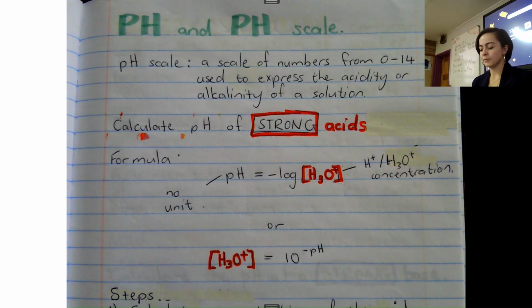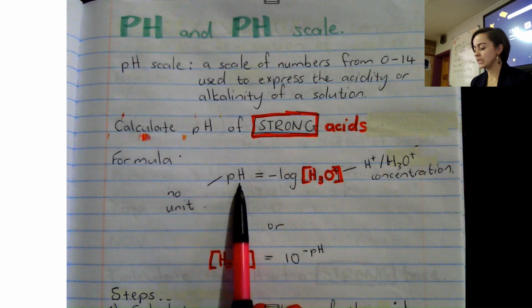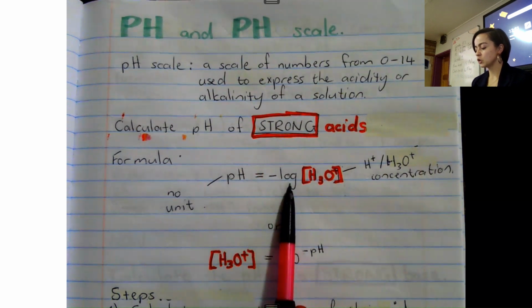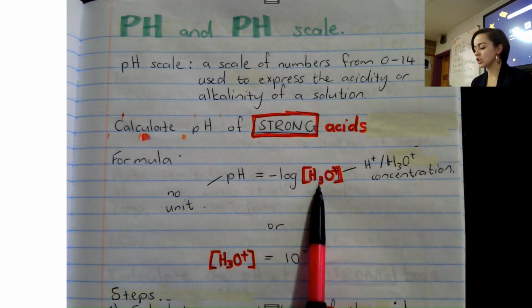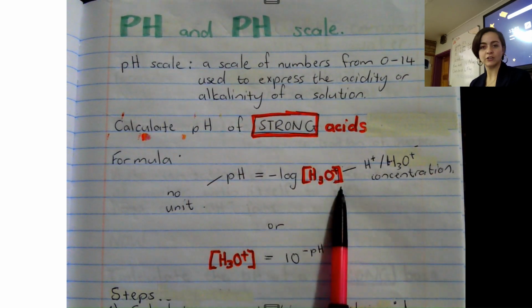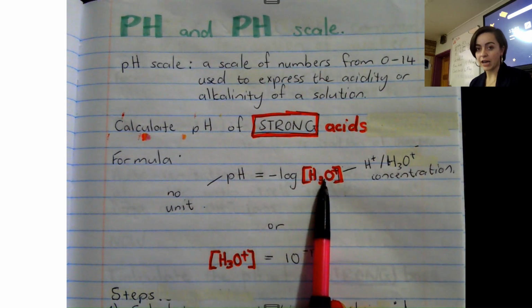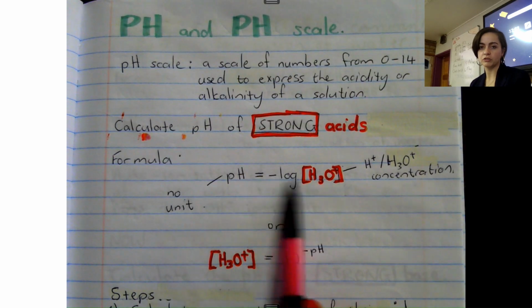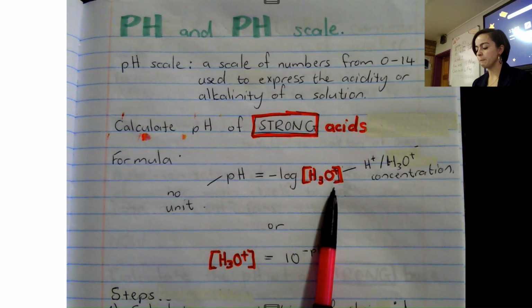Let's start with the formula. The formula found on your formula sheet is pH is equal to negative log of the hydronium ion concentration, [H3O+]. So that just means the concentration of hydronium ions. If I want to calculate the pH, I have to multiply the concentration of the hydronium ions with negative log. So negative log times concentration of hydronium ions.